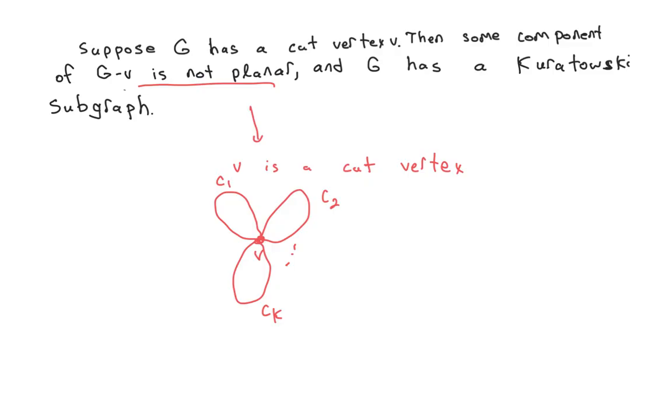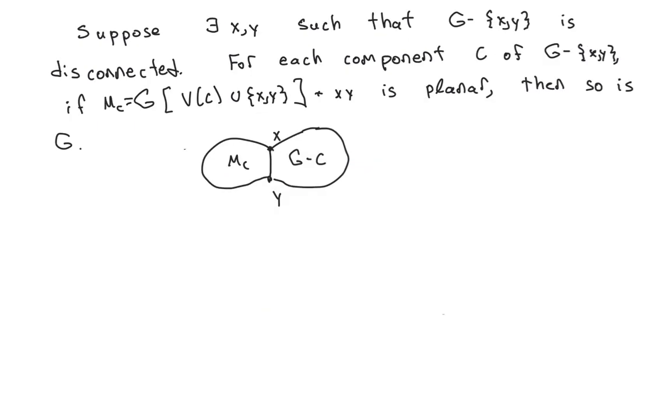And remember before we said that you can draw with your favorite vertex on the outer face. So draw each of these components with V on the outer face and then just glue the drawings together. And the result should be planar. So this tells us that some component of G minus V is not planar. And hence by induction has a Kuratowski subgraph. So thus we can assume that our graph does not have any cut vertices.